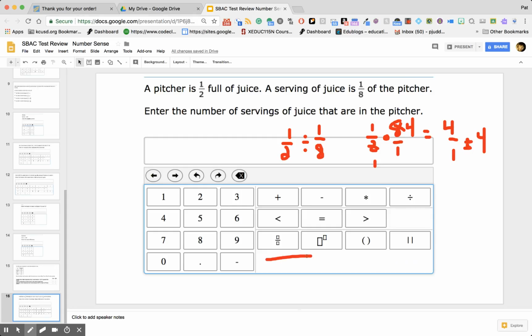I could also draw a double number line. Here is 1/2, and I'm going to divide this into 8ths. There's 1/8.